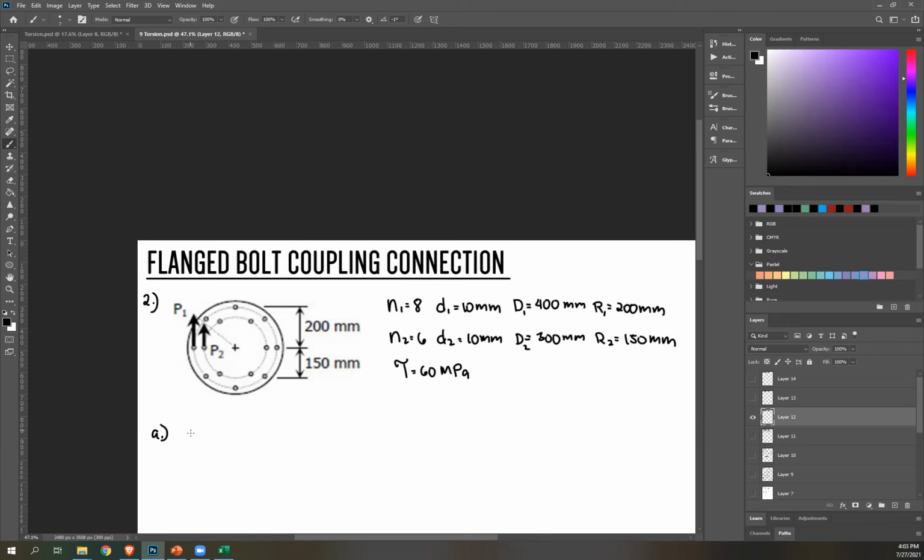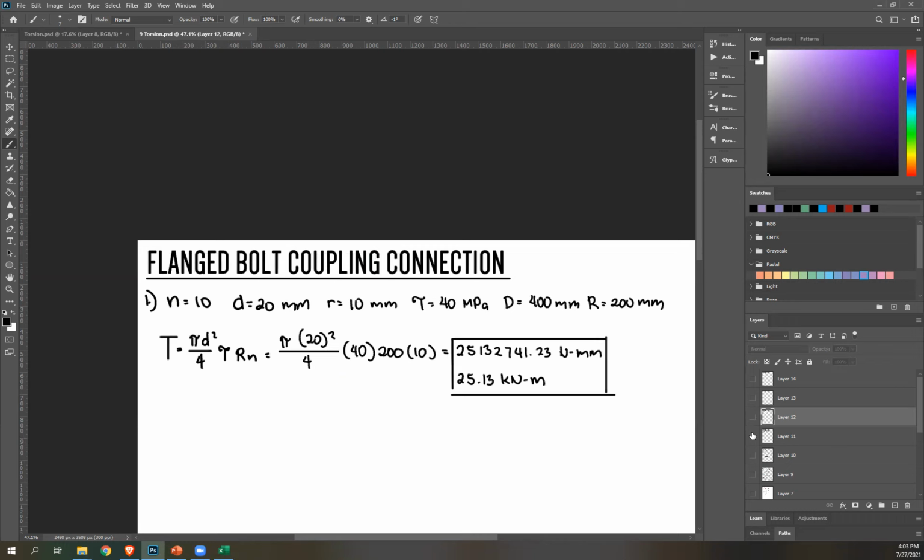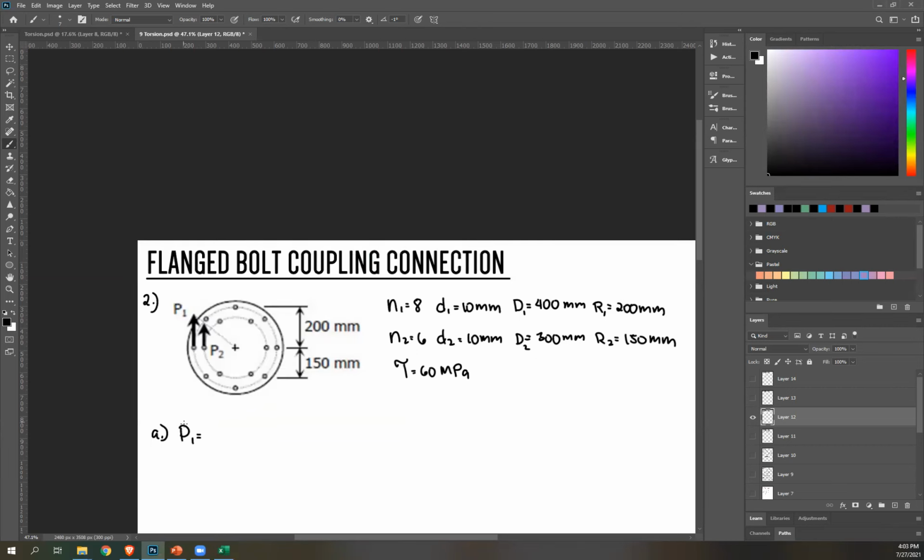Okay, let's solve. So P1 is, again, we're going to use one of the two equations. We can use this. So P1, which is equal to P, is shear stress times area, since this is shear force.